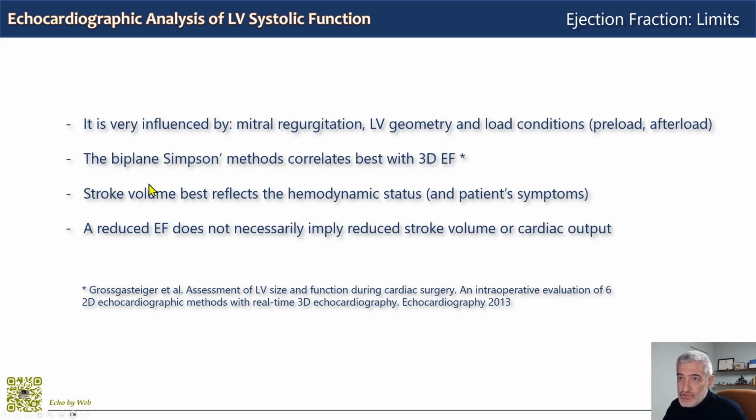Remember that it's also interesting and important to measure stroke volume, which reflects better the hemodynamic status and patient's symptoms. And as a matter of fact, a reduced ejection fraction does not necessarily imply reduced stroke volume or cardiac output.